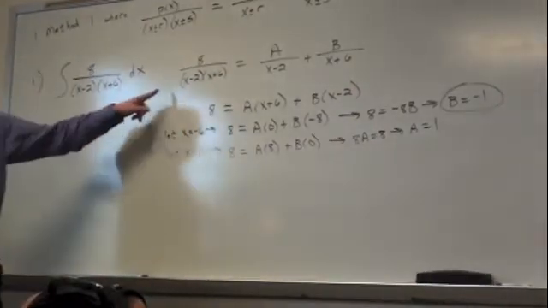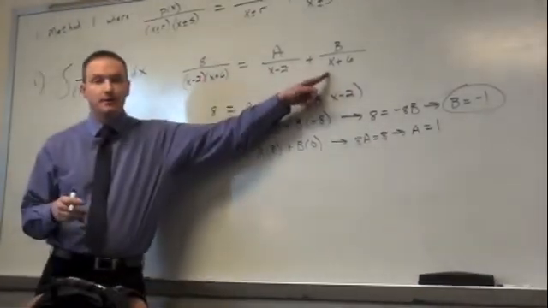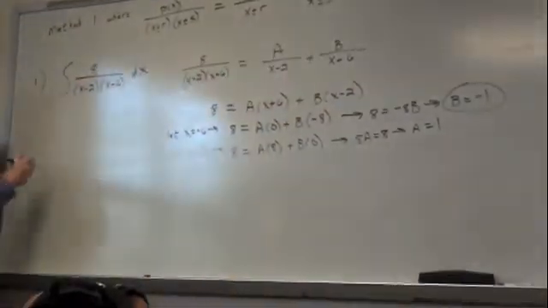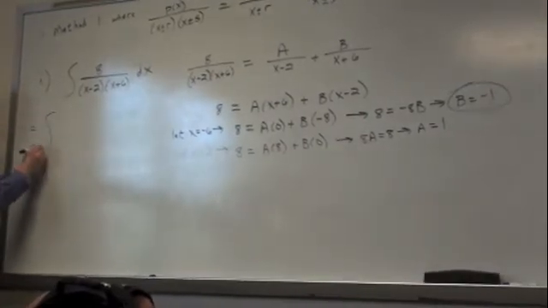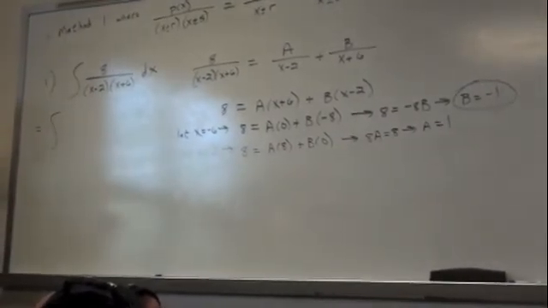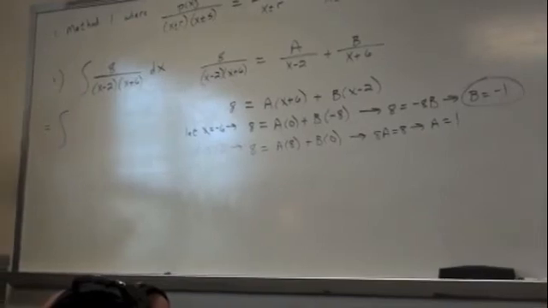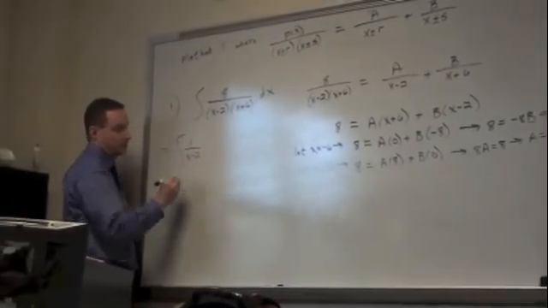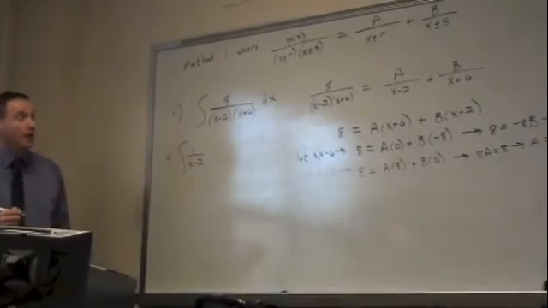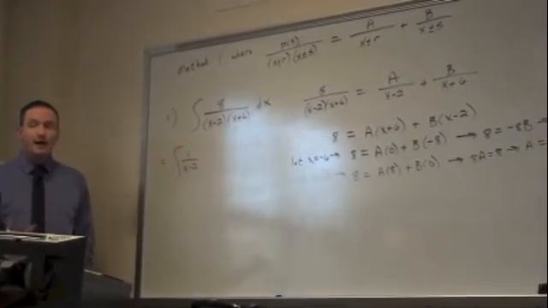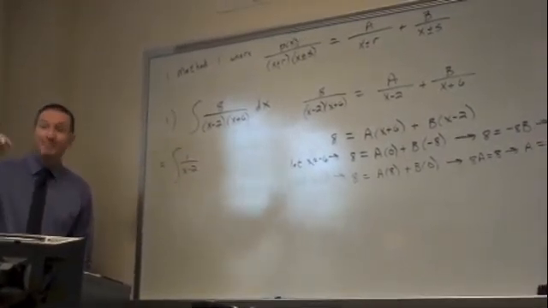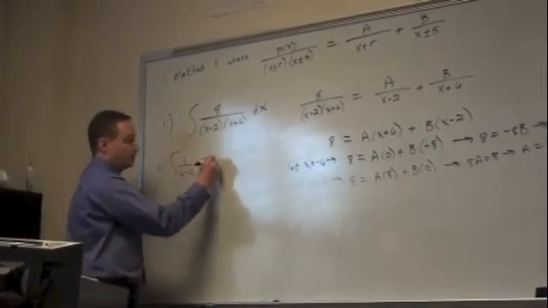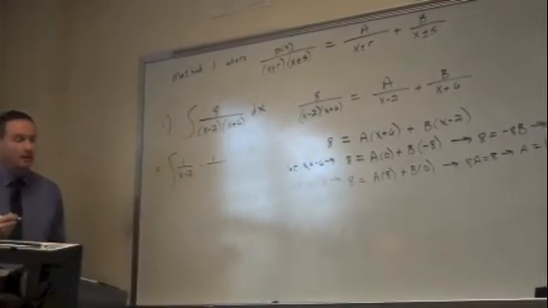So the whole point in that is, now it allows me to rewrite my integrand. This integral over here is equal to the integral of a over x minus 2, 1 over x minus 2, plus b, where b is negative 1, so that's minus 1. That's where the minus comes into play.